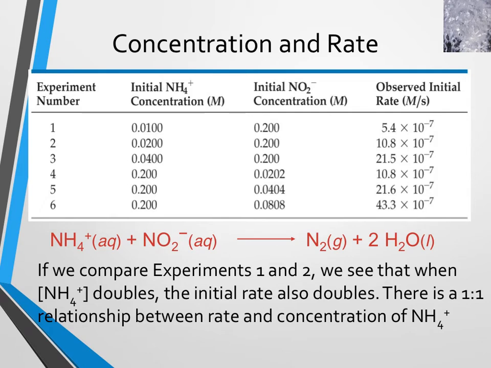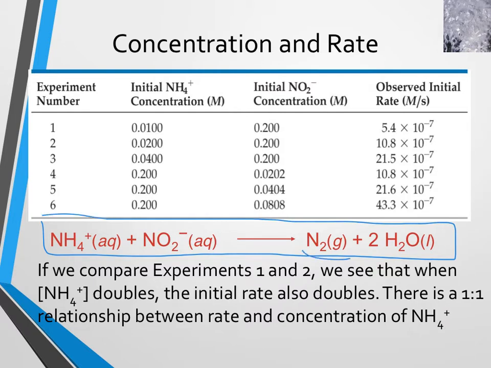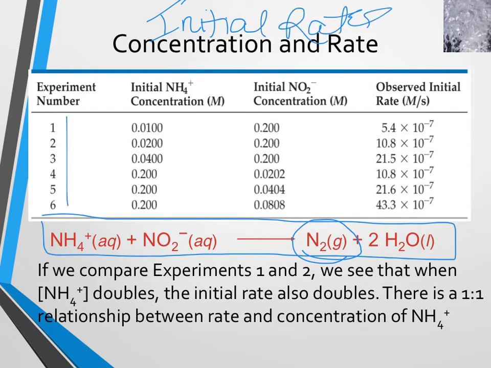So here's an example. Here's the reaction between the ammonium ion and nitrite ion to make ammonia or nitrogen gas. And this is the method of initial rates. And again, you have a lab that's similar to this. So look, there were 6 different experiments done. And you can see, compare experiment 1 and 2, for example.